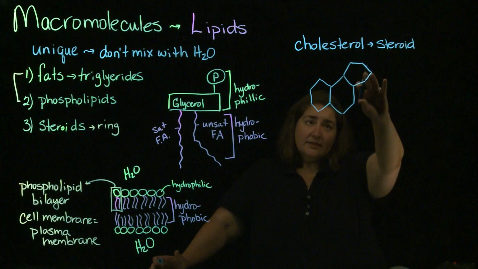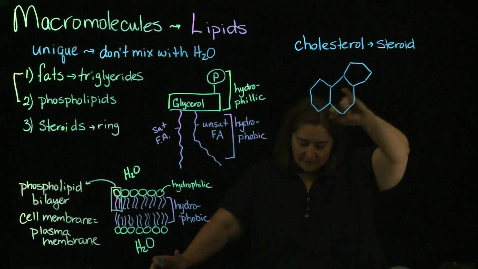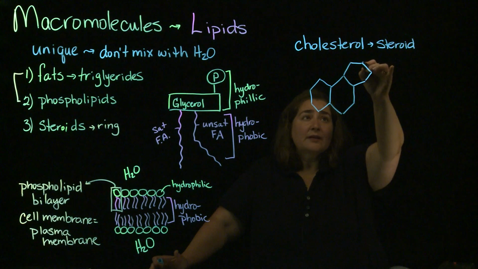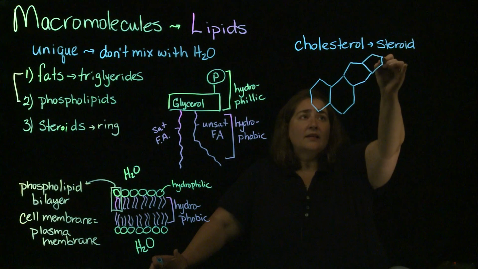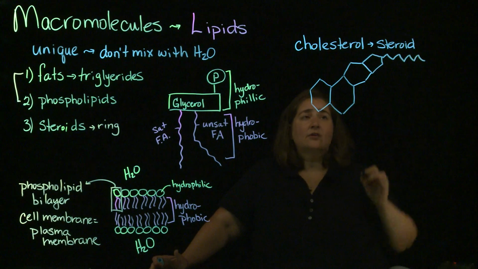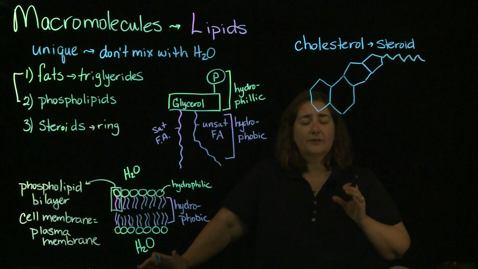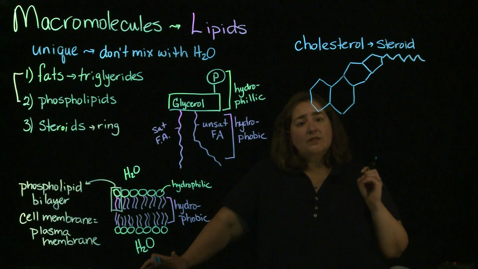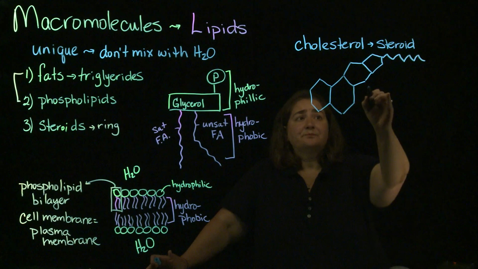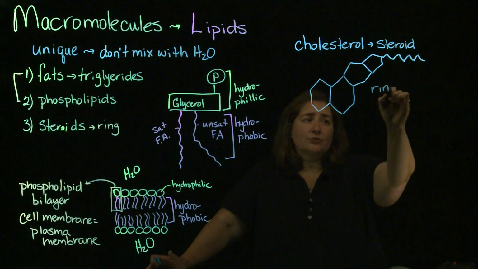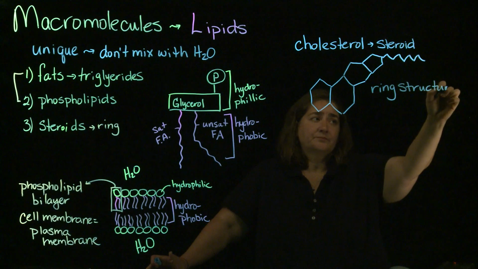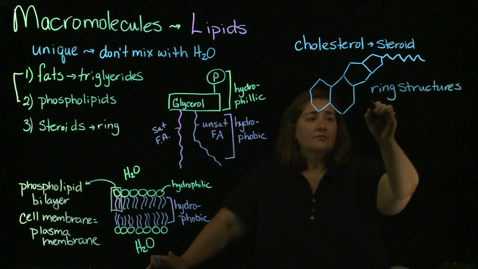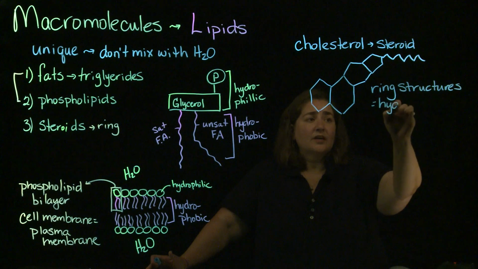You've got 6-membered rings and 1 5-membered ring. And then you've got kind of a carbon tail that comes off of the end. Okay? But what's unique about cholesterol, those ring structures, are going to be the hydrophobic.